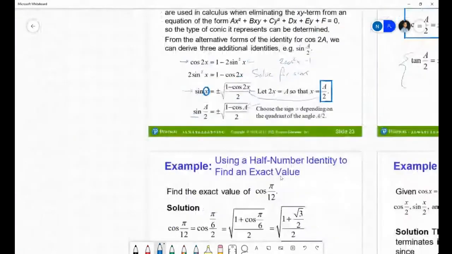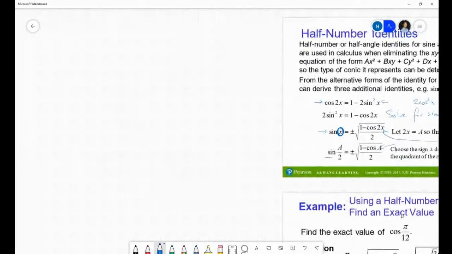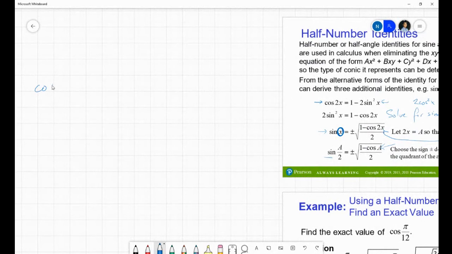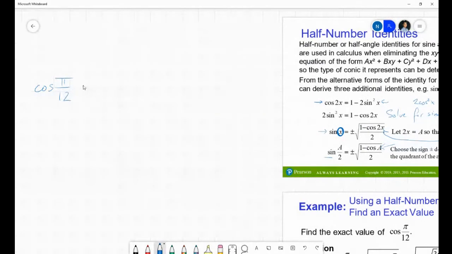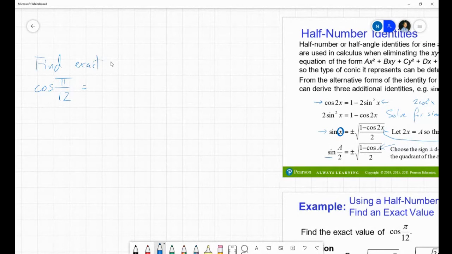All right, so now we're going to look at how to find exact values of specific functions. Okay, so how do you think we can do this? How do you find the exact value of cosine pi over 12?